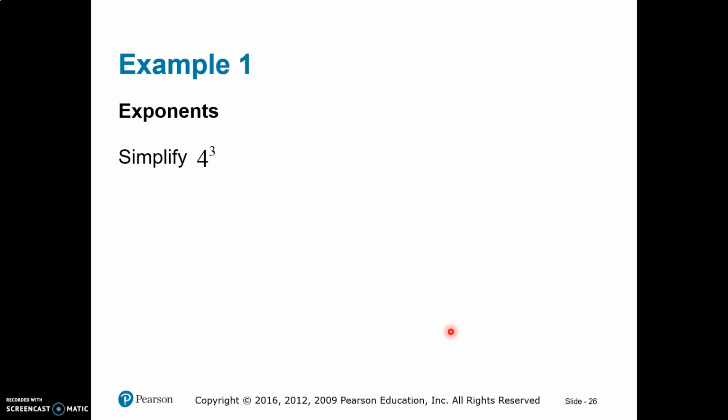What about exponents? 4 to the 3 means that you take 4 times 4 times 4, which is 64.